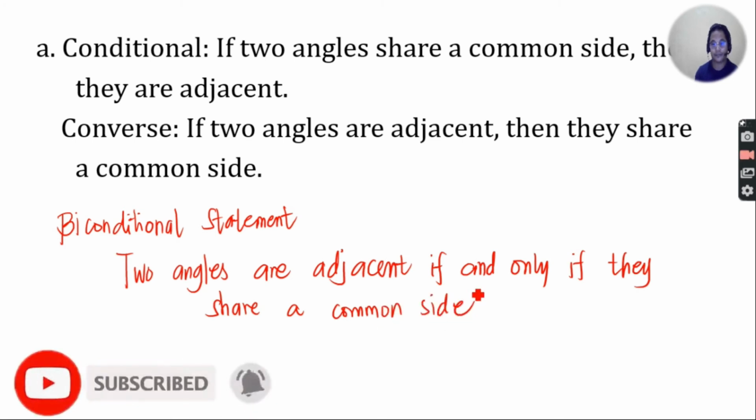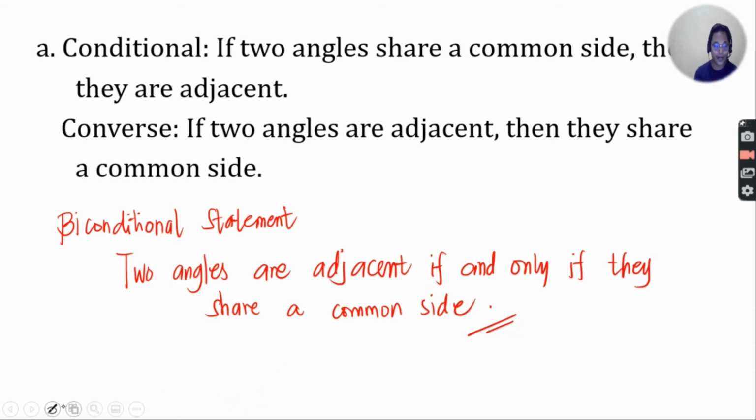So, yan po. Or in other statement po, two angles share a common side if and only if they are adjacent po. So, same lang din po yun.